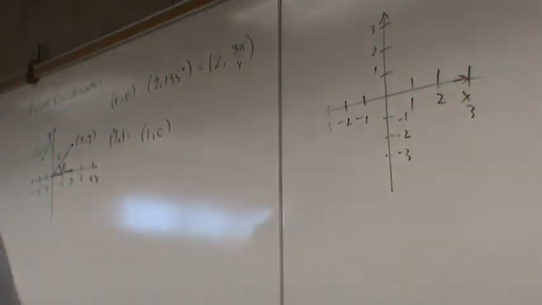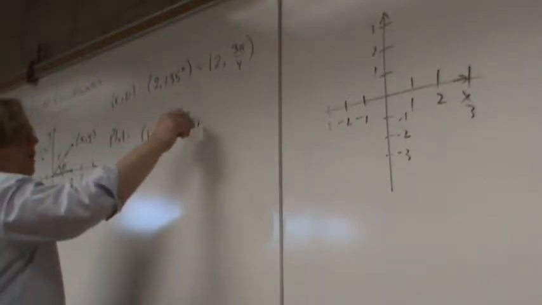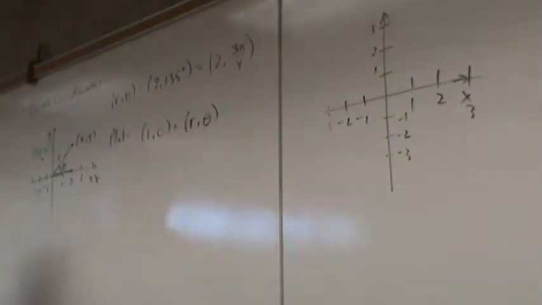I want you to find the point 1 comma 0, but remember, this is now r comma theta. So my r is 1 and my theta is 0 radians. Please do that now.